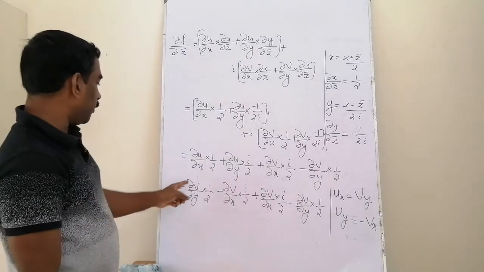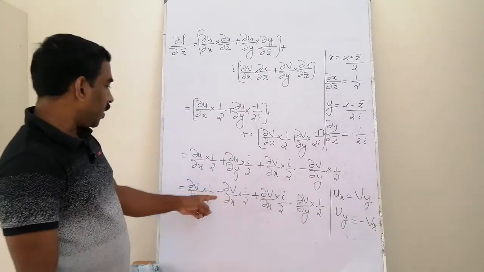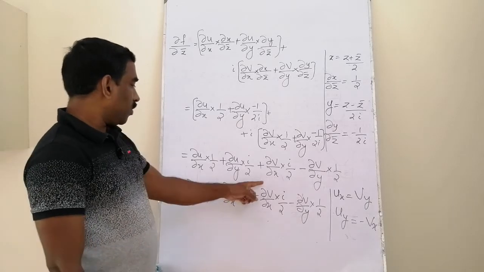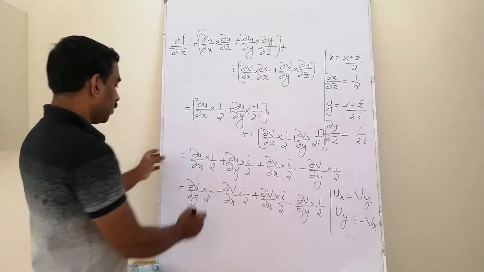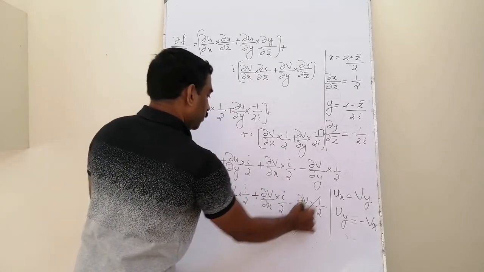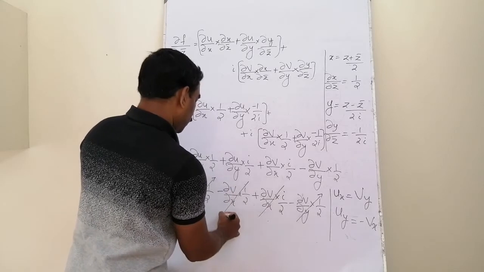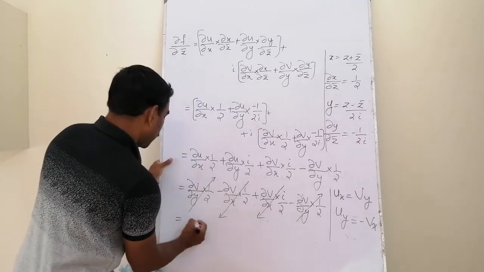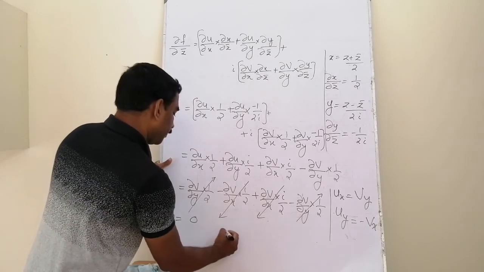So we can cancel the real terms, ∂v/∂x into 1 by 2 minus ∂v/∂x into 1 by 2, and similarly the imaginary terms also cancel, ∂v/∂x into i by 2 and ∂v/∂x into minus i by 2. So cancelling all these terms, we get the answer as 0. That is ∂f/∂z̄ equal to 0.